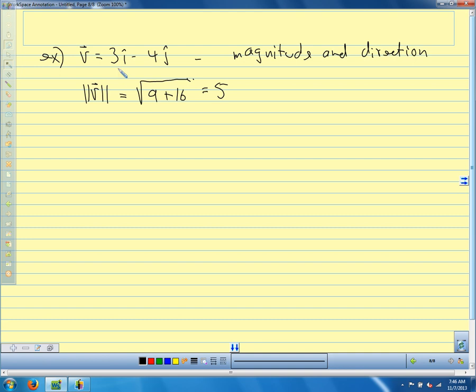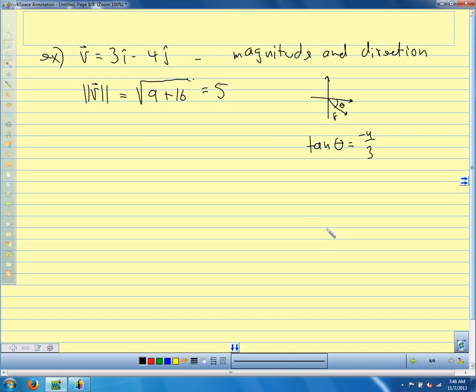Right? So if I drew a quick sketch of this, here's my vector, and we're going 3i minus 4j, something like this. So we're going 3 units in the x direction and negative 4 units in the y direction. So we could talk about this angle, theta, and we know that tangent theta is negative 4/3.